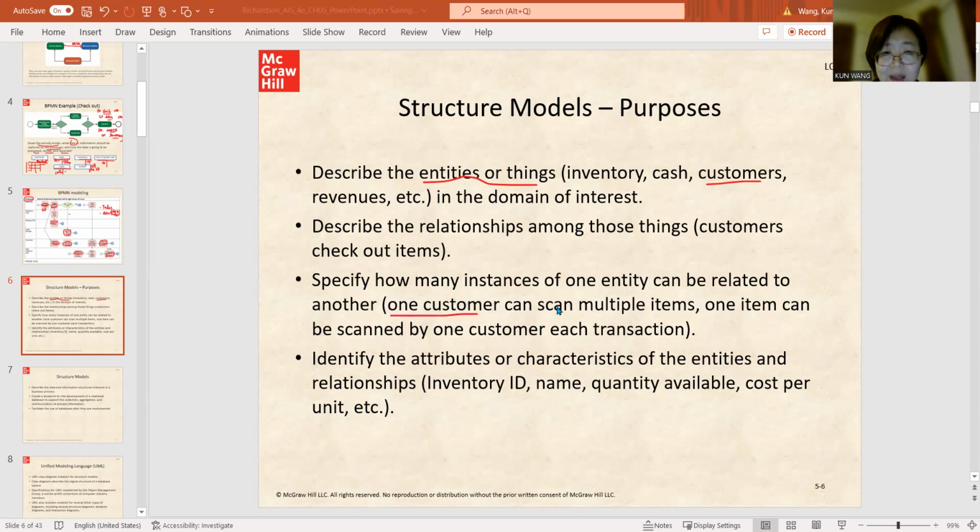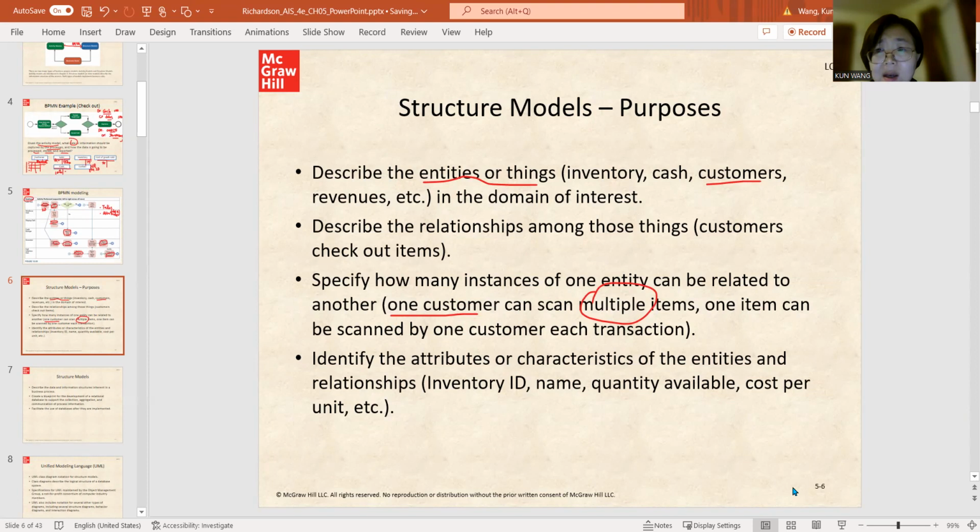One customer can check out multiple items, no limit. So theoretically, it is one or unlimited, so one to many.